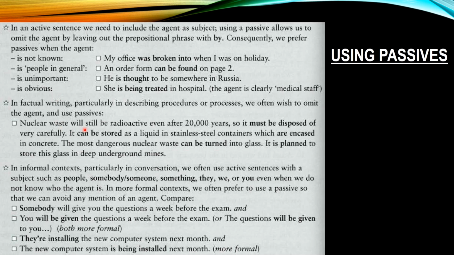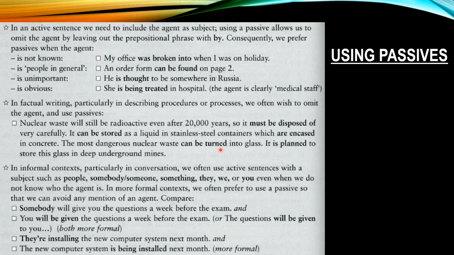Nuclear waste will still be radioactive even after 20,000 years, so it must be disposed of very carefully, or it can be stored as a liquid, or in containers which are encased in concrete, or the most dangerous nuclear waste can be turned, and so on and so forth. So here the agent is not important. And moreover, it's factual writing, so we concentrate on facts. And that's why we use passives here again.